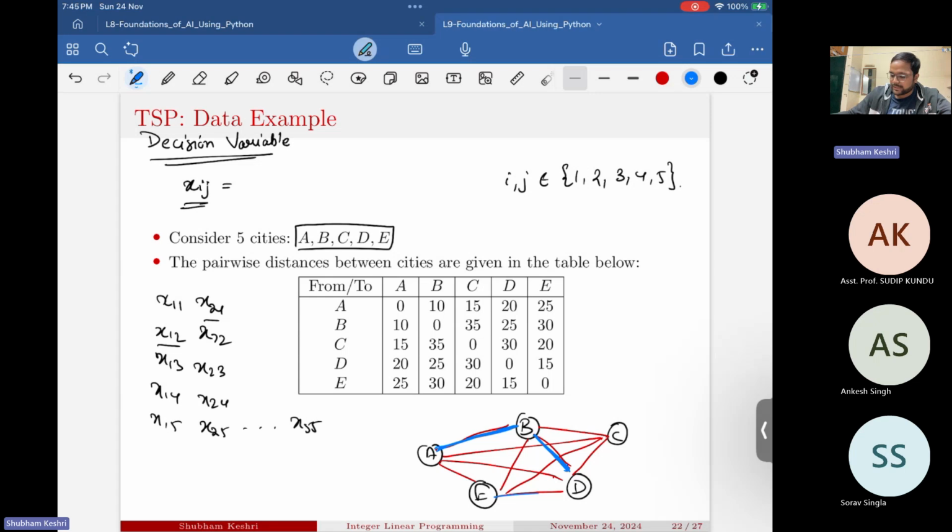Each edge you can think about as active or not. When you create one loop, there will be only 1, 2, 3, 4, 5 edges which are active. Other edges will be inactive, right?